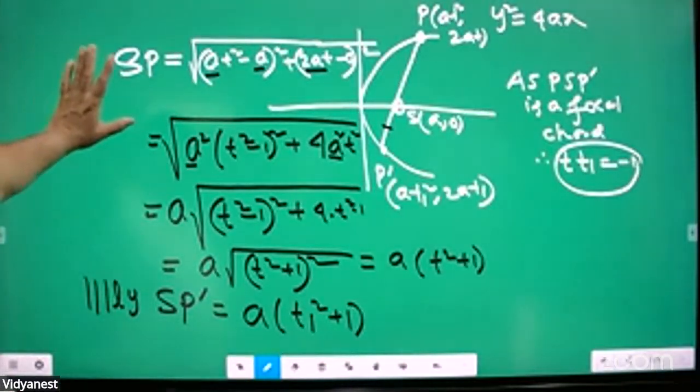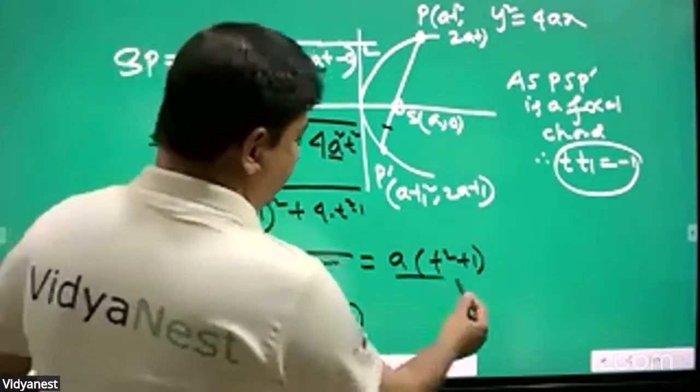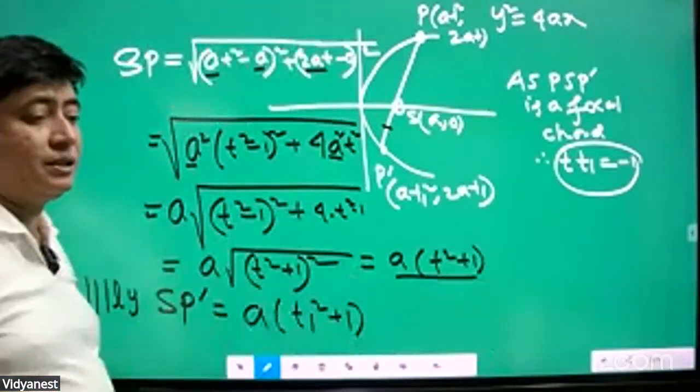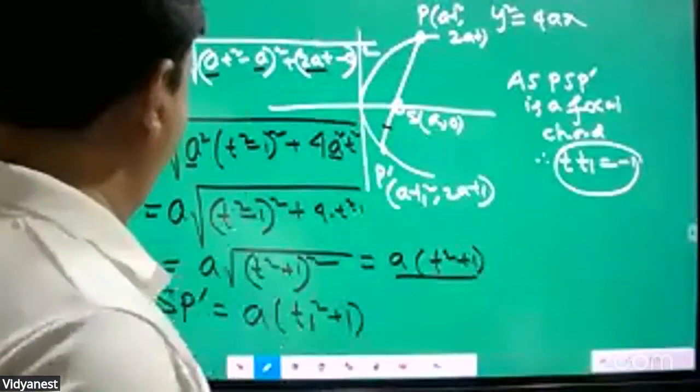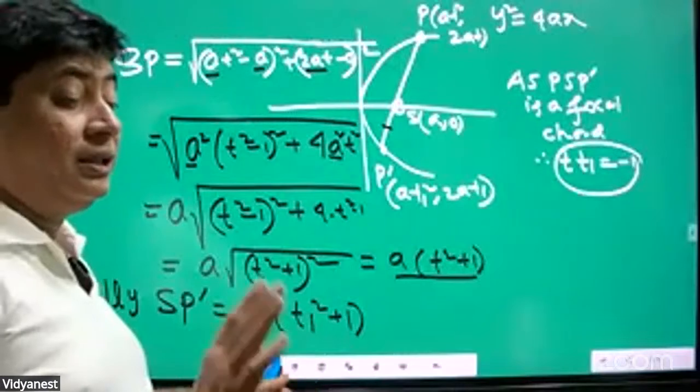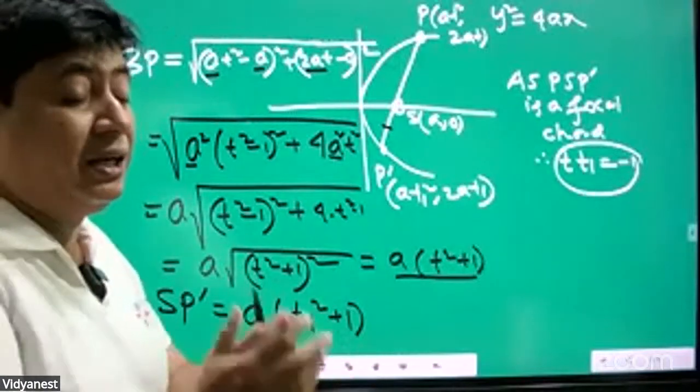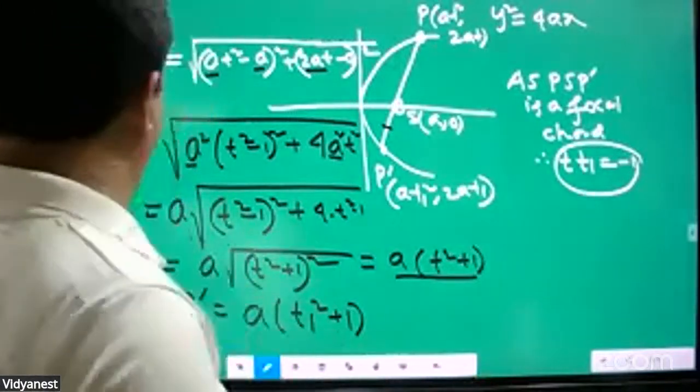So SP you have got this and SP dash is this. Okay, hope you are getting it. If you have any doubt, don't hesitate to ask. In mathematics there is no scope of hesitation.